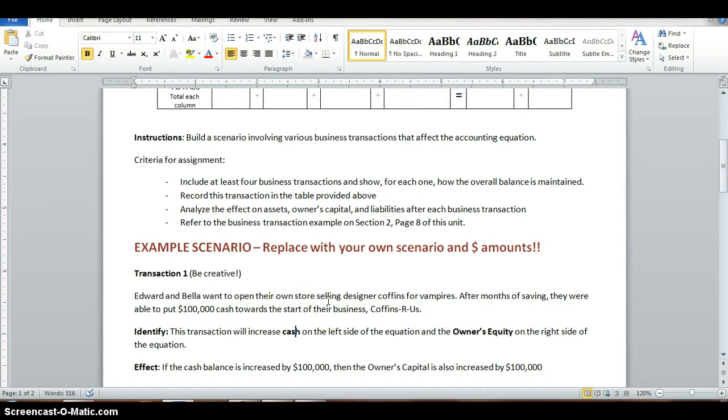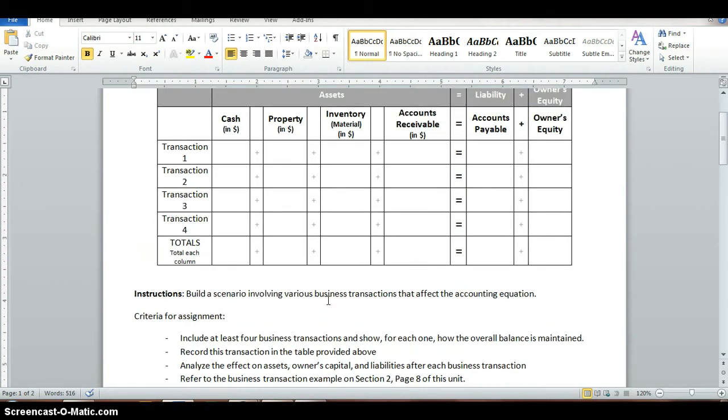Then I go up to my table, and since we're investing $100,000 into this business, I'm going to increase our cash and increase our owner's equity.